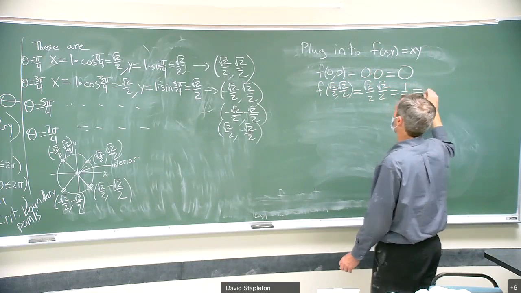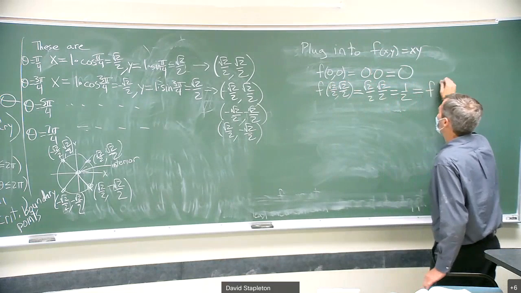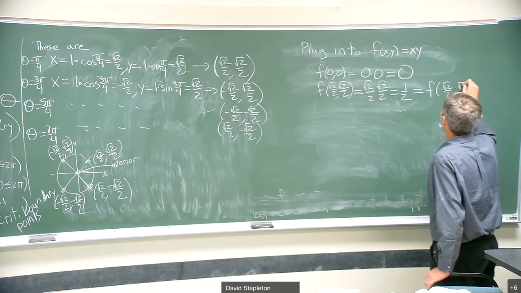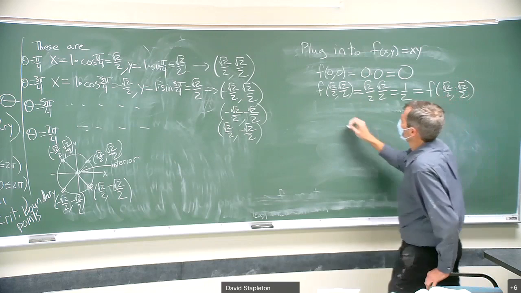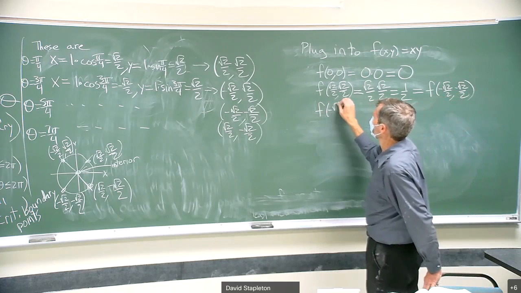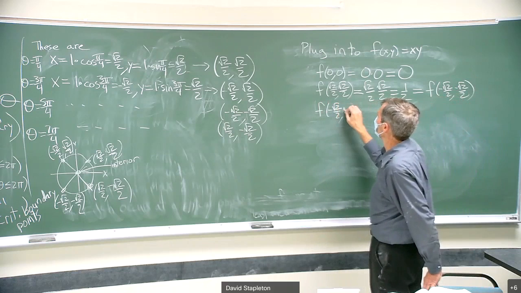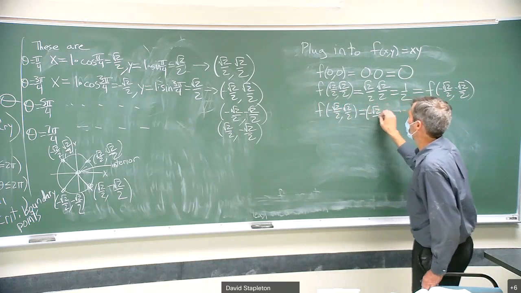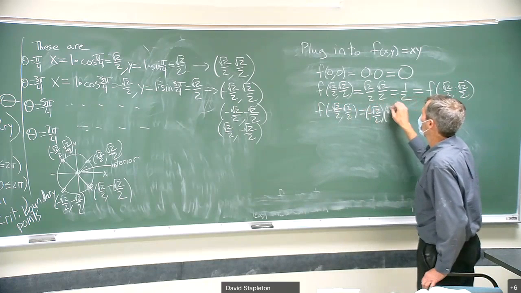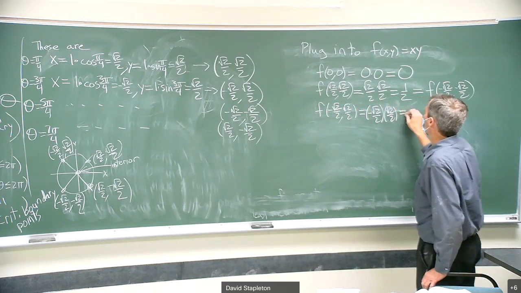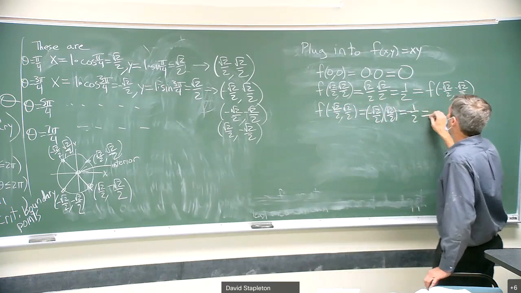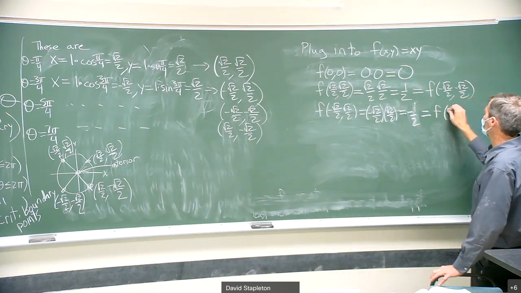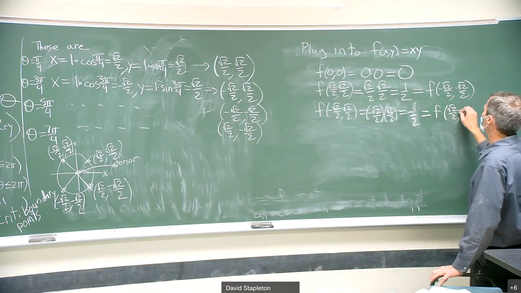Same thing if you plug in minus square root 2 over 2, minus square root 2 over 2. And if you plug in minus square root 2 over 2, plus square root 2 over 2, then you get minus square root 2 over 2 times square root 2 over 2, which is minus a half. Same thing you get if you plug in f of plus square root 2 over 2, minus square root 2 over 2.